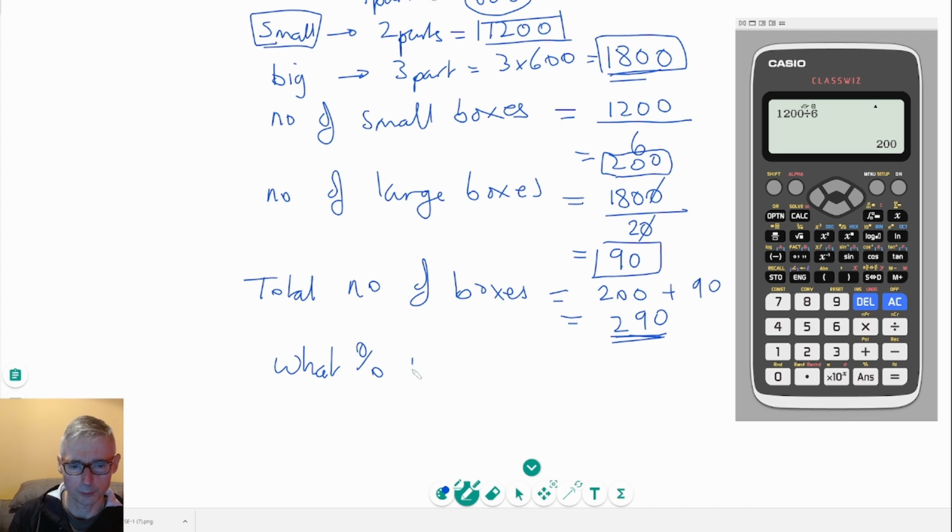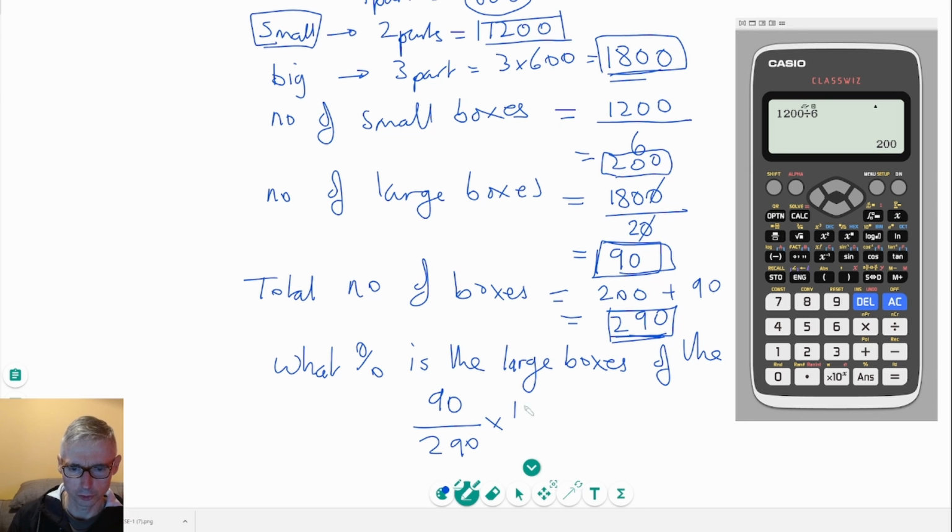And to do that, we can just make a fraction out of the 90, the number of large boxes, out of the total, which is 290, and then just times that by 100, and that'll give me the answer as a percentage.